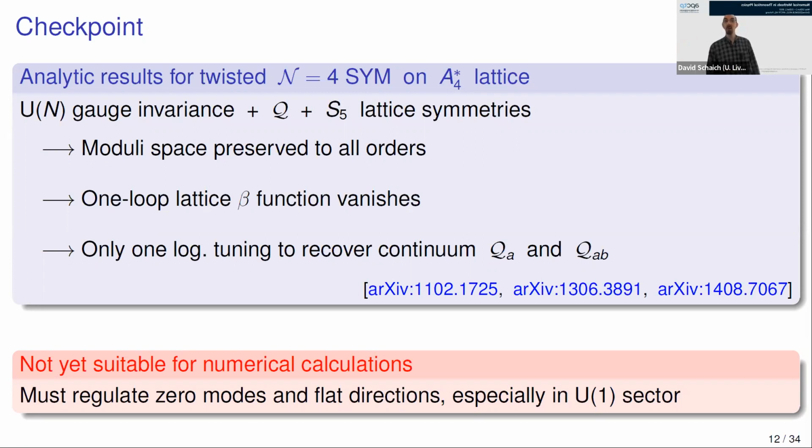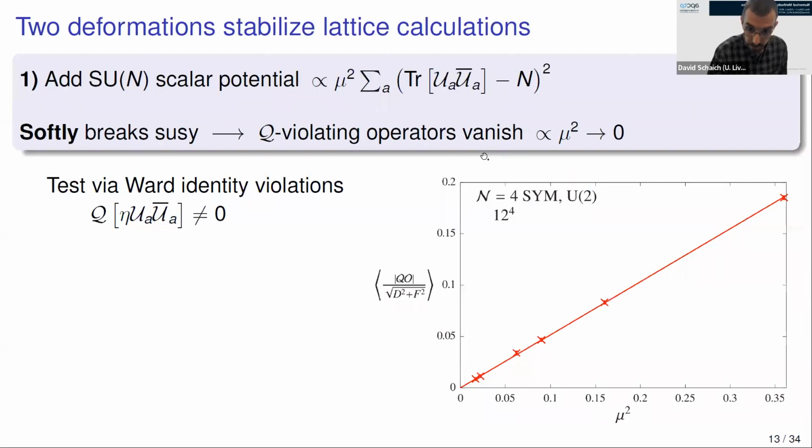However, this workshop is focused on numerical methods, and there are still issues to resolve in order to make those numerical methods applicable to this theory. In particular, there are zero modes and flat directions that would cause the standard numerical methods of lattice field theory to break down. These become especially challenging in the U(1) sector and require some modifications to this very elegant and symmetric analytic construction.